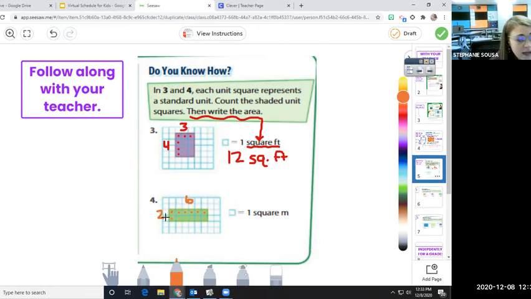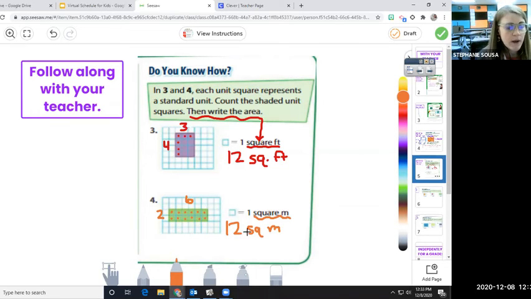I know that to find area, I can touch each square and count, or I can multiply. 6 times 2, 12. So this also has an area of 12 square, but we're not going to say feet. Look at this label. These are square M's. Even if I don't know what M's are, that's what the textbook's telling me, so that's what I'm going to do. M equals meter. 12 square meters.